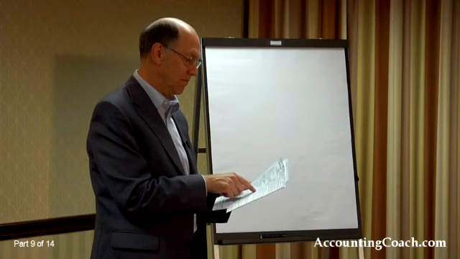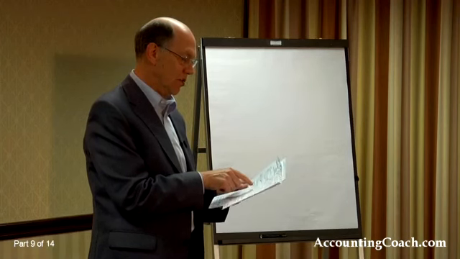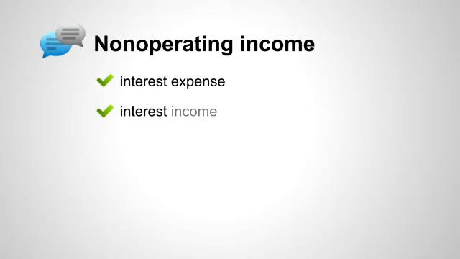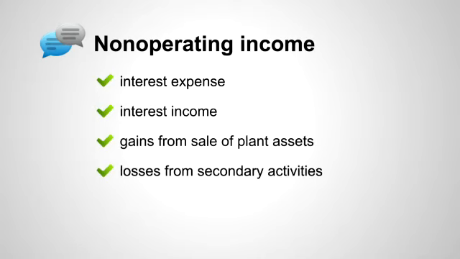So we segregate those near the bottom and then come up to income before income tax expense. So some of the items that are non-operating or other income would be interest that we pay, interest that we receive, or if we dispose of an asset and it's an asset that we're reusing, not part of our merchandise, we'd have to show a gain or loss in there for that asset.